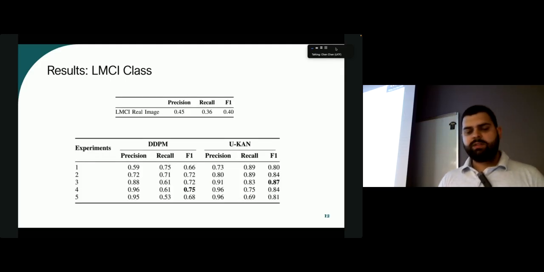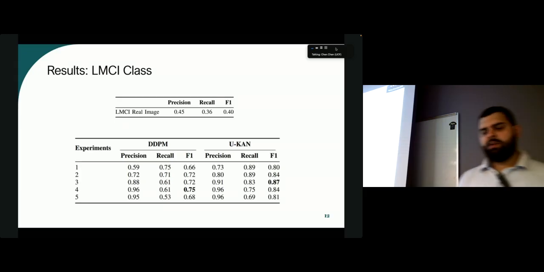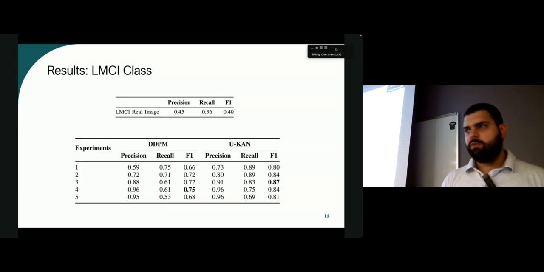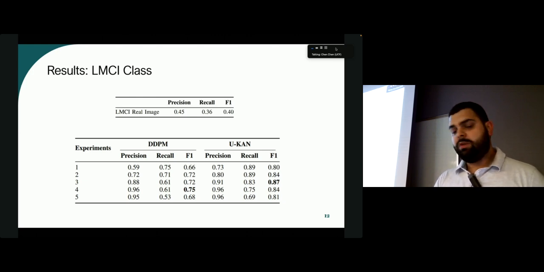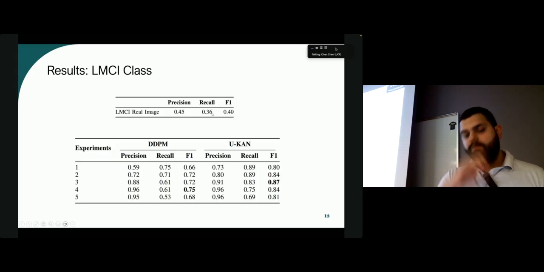So for the other class, the LMCI class, the data set was way smaller for the real images. The real images for this class were only 72. So of course, when I train the model with only real images, the precision and F1 score are really low. But when I train it with 100 synthetic images for the first experiment, the results are already better than the baseline, as you can see, for both models.